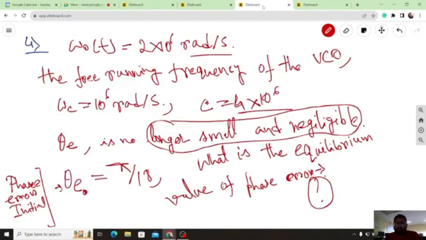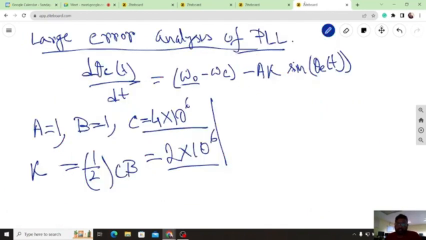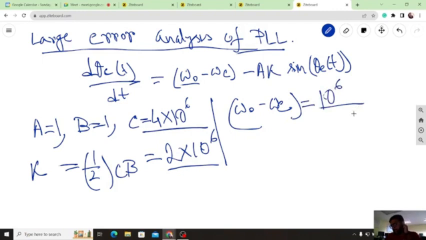This omega 0 value, 2 into 10 to the power 6, and omega c value 10 to the power 6. So omega 0 minus omega c is equal to 10 to the power 6.